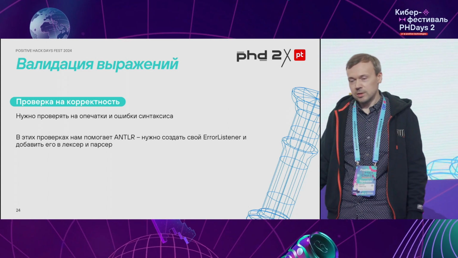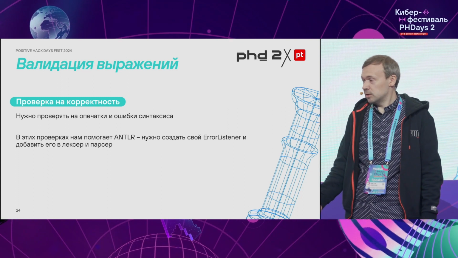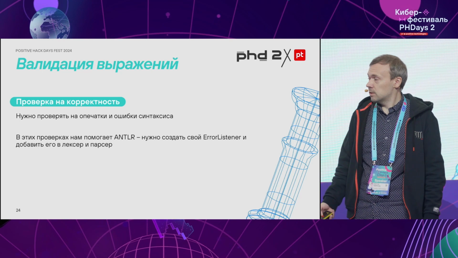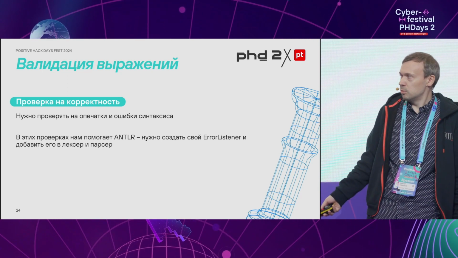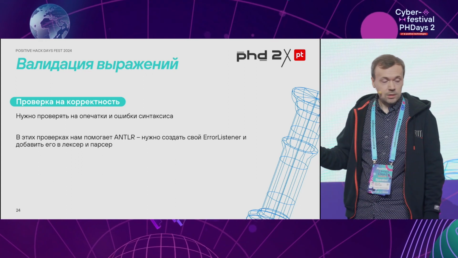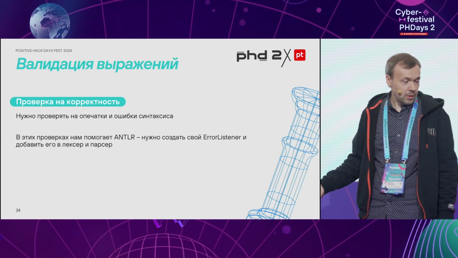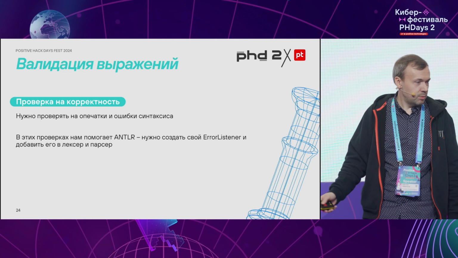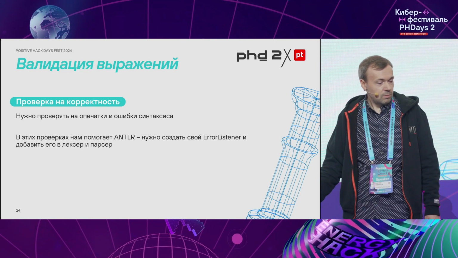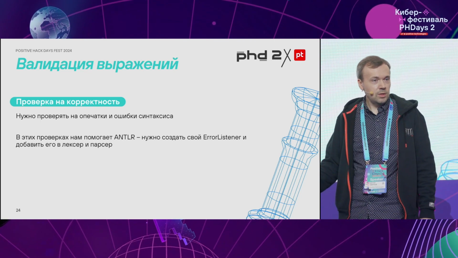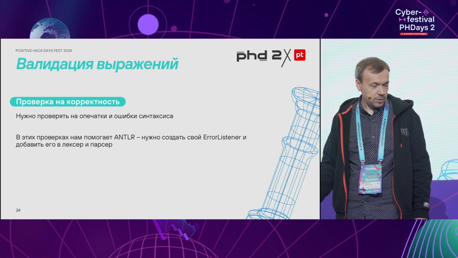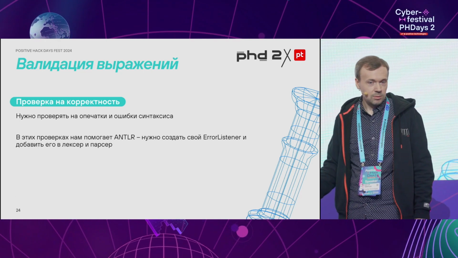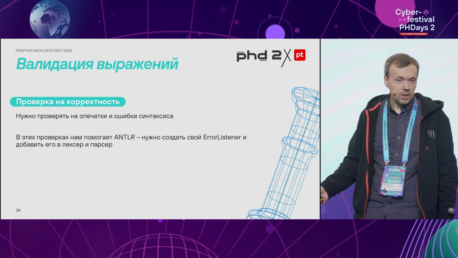Before we start using what we have, we need to do a validation, because we set up the filter as text, and there can be logical errors or even some typos. With the first stage, the correctness test, you can use ANTLR, you can use an error-tolerant lexer and parser.